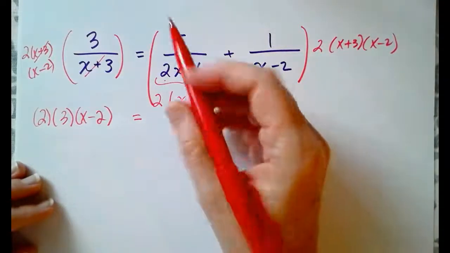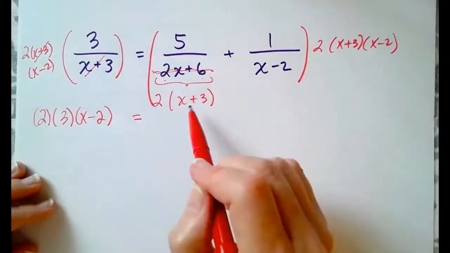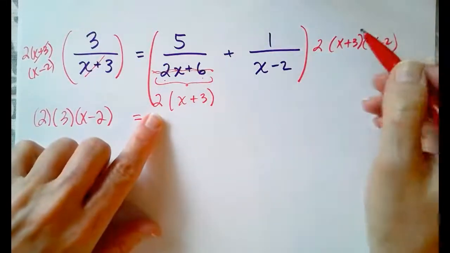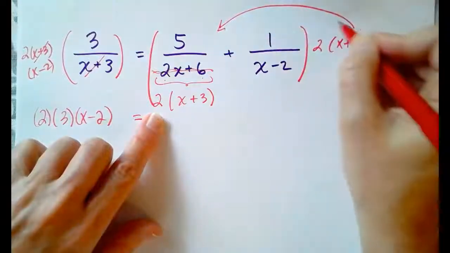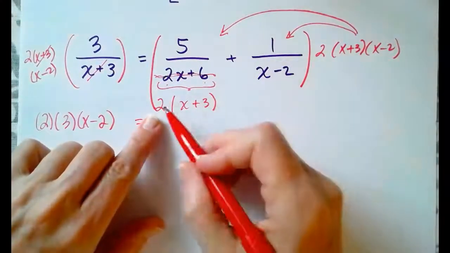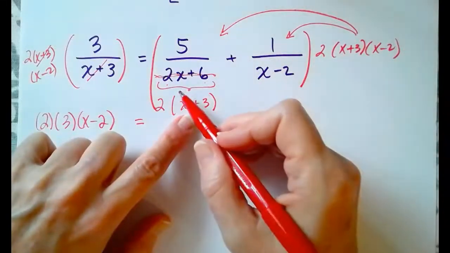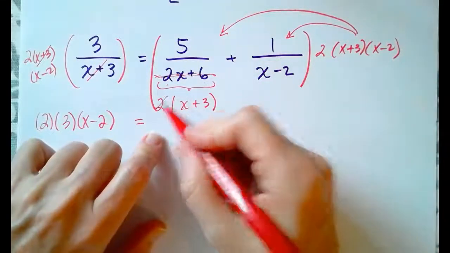Next, 5 over 2 times x plus 3, which we factored. When we multiply through by the common denominator, distributed on the right, the 2's cancel, the x plus 3's cancel, and we're left with x minus 2.